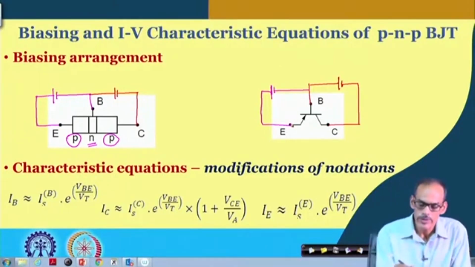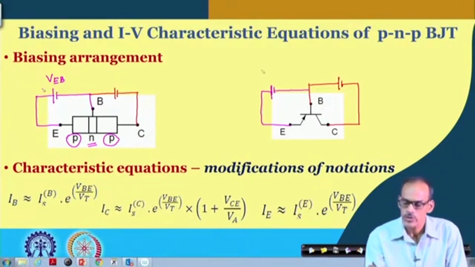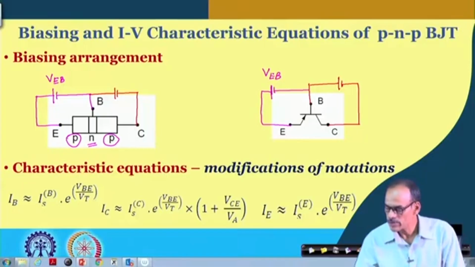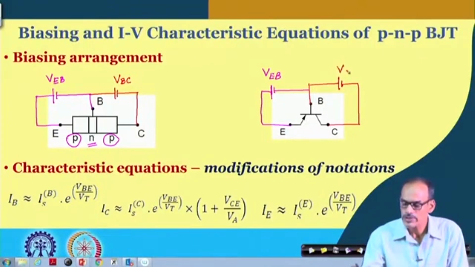Since the positive side we are connecting to the emitter, we call it VEB. So, actually it is VEB. So, here also we do have VEB. On the other hand, we do have the other voltage, this is VBC.